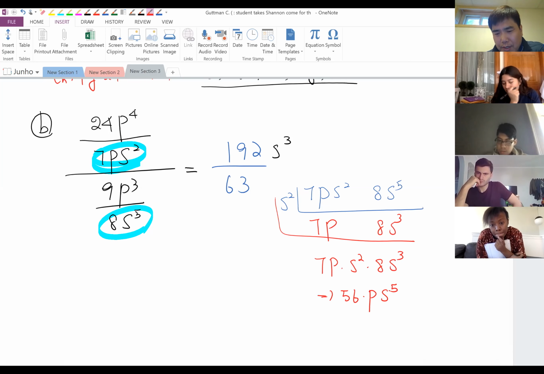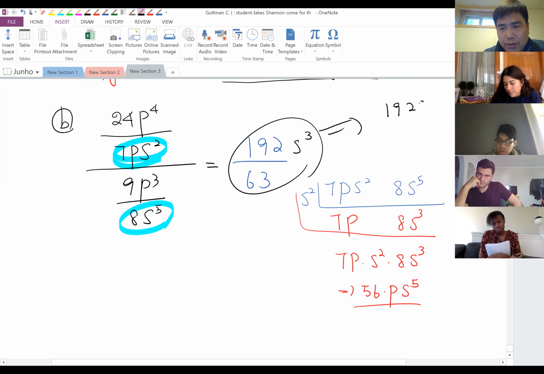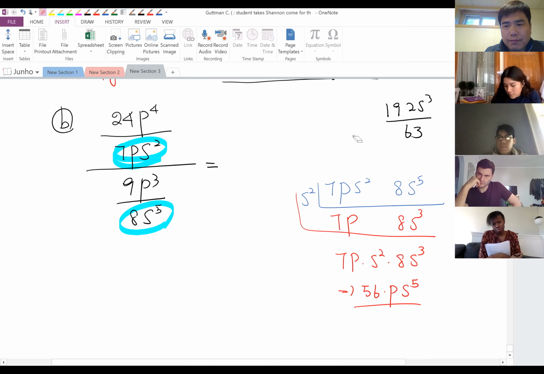If I made a mistake, you should let me know. Otherwise, I trust my answer. And we multiply this to each fraction. So I temporarily put this on the side here. Multiply 56 p s fifth, multiply 56 p s fifth.